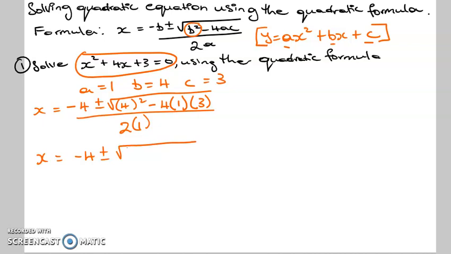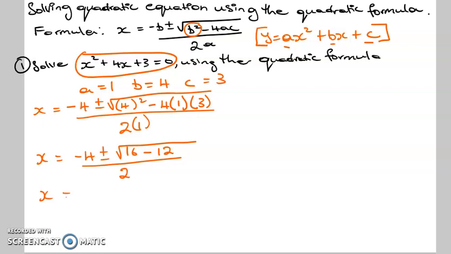So here we have x is equal to negative 4 plus or minus the square root. 4 squared is 16 minus 4 times 1 is 4, 4 threes are 12, all over 2a, and that is 2 times 1, which is 2.